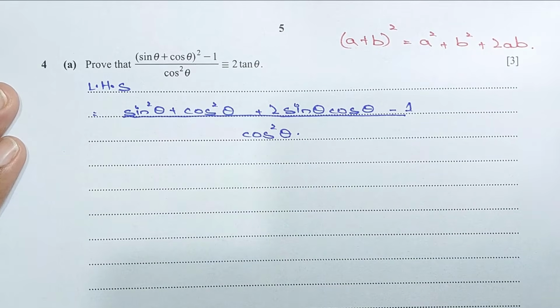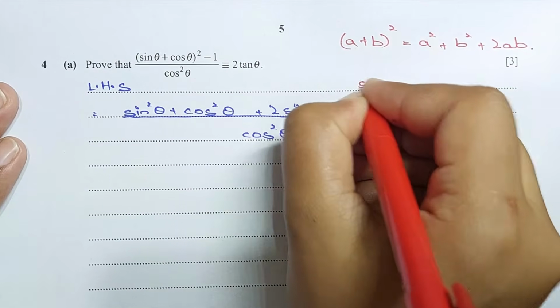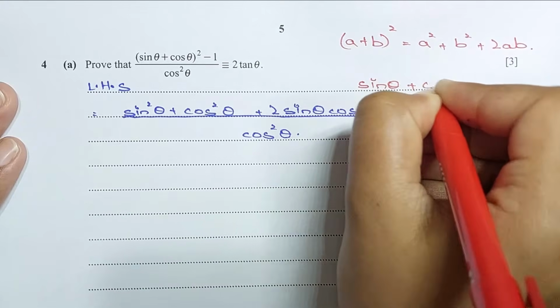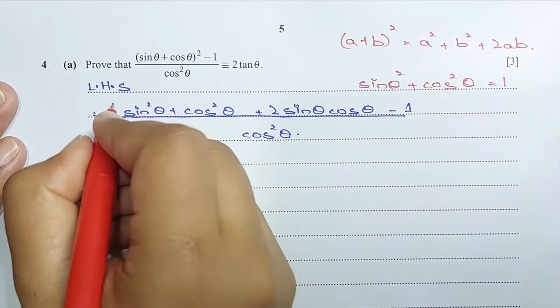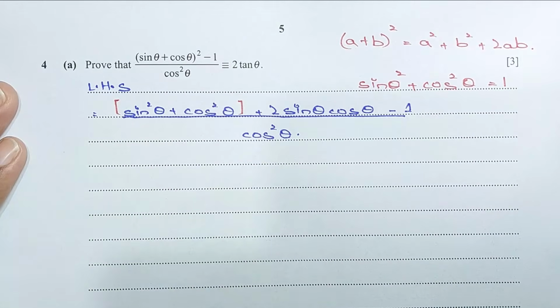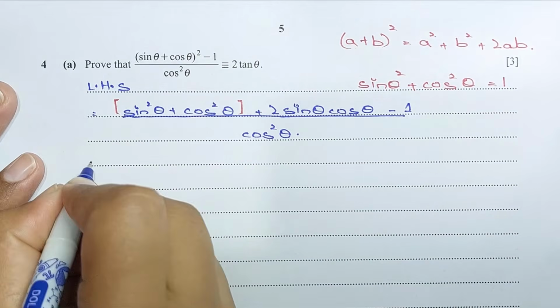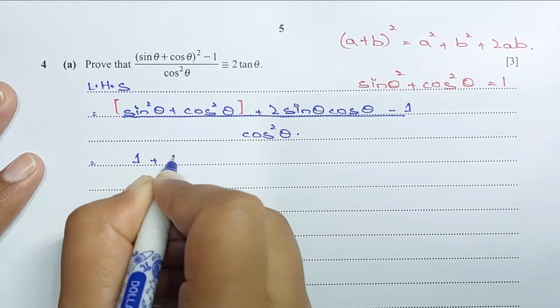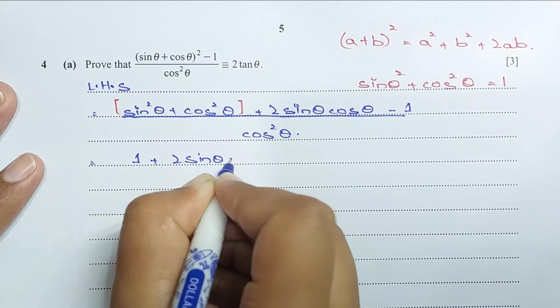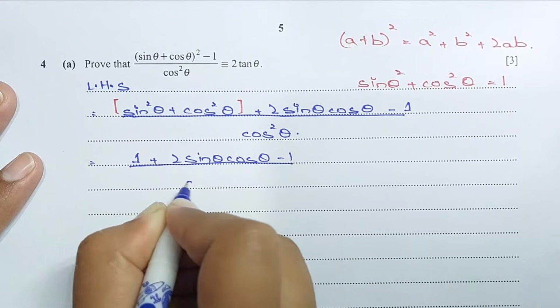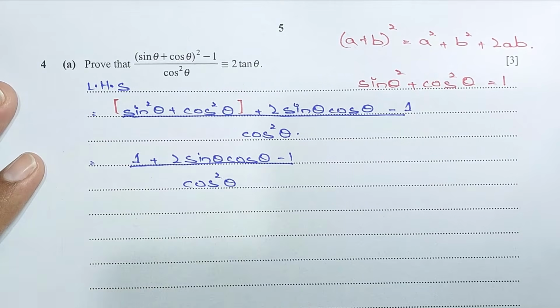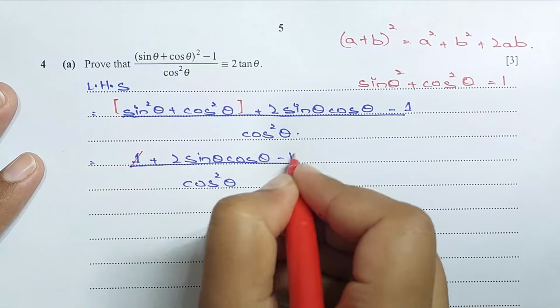And we have the identity that sine square theta plus cos square theta equals 1. So this term is equal to 1. So this is 1 plus 2 sine theta cos theta minus 1, divided by cos square theta. So positive 1 and negative 1 cancel out.